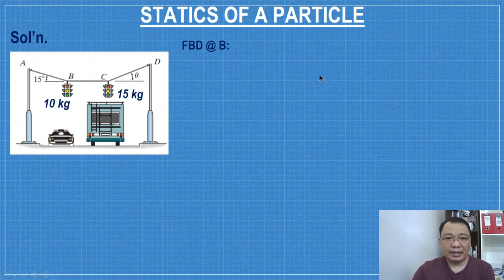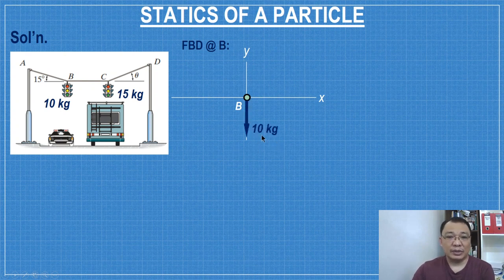So free body diagram at B, you have 10. We'll just use kilograms. And if you want to express your answer in newtons, just multiply it by 9.81. So weight of the traffic light, 10 kilograms.